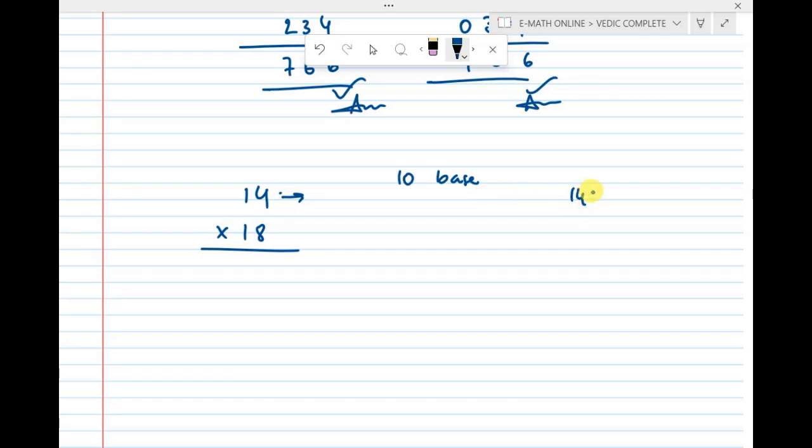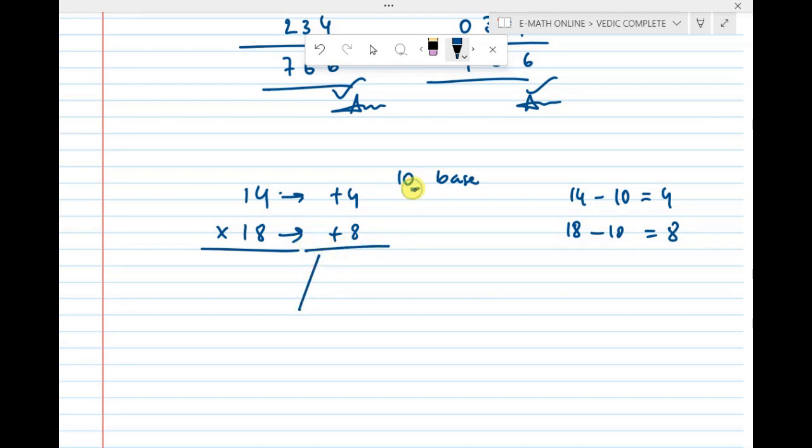In Vedic mathematics, you should take the first number, and after that remove the base from that, then you will get the deviation value. The deviation value will be plus 4. And for the number 18 minus 10 will be how much? 8 only. So write down plus 8.